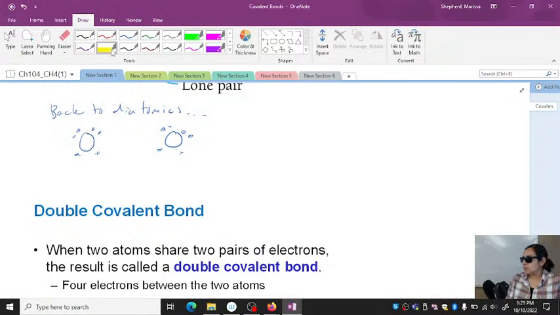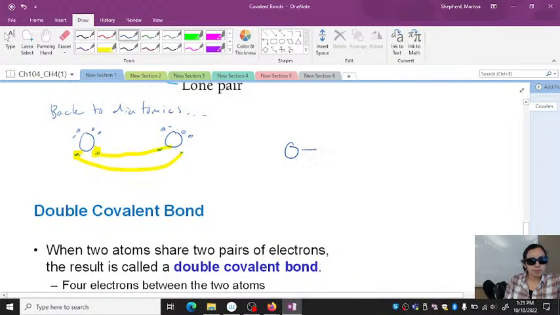How many bonds does oxygen want to make again? Yeah, so it will make a double. It wants to make two bonds, because we have one lone electron, the other lone electron. So if there are two oxygens, they're both going to come together to make a double bond. So that would be the Lewis dot structure of oxygen.